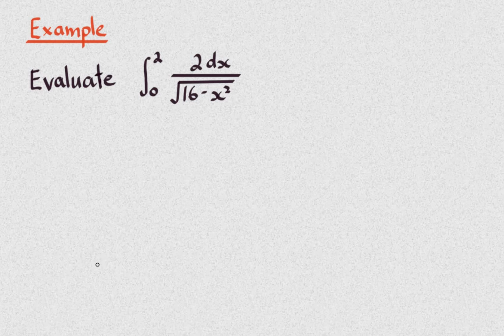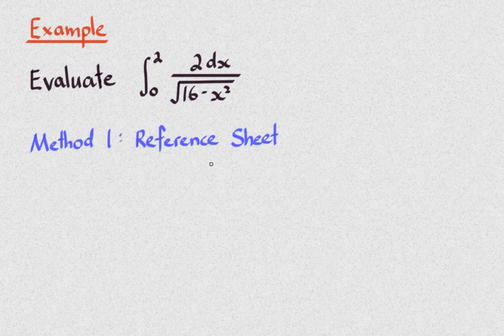So the first way we will do it is using the reference sheet. Observing this integral, we notice that we have a square root on the denominator, and we also have some value minus x squared. This should lead us to consider the following integral on our reference sheet.